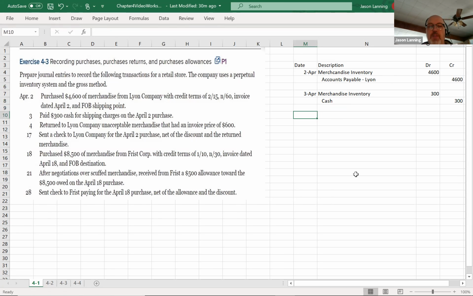Now on April 4th, we have returned to Lion Company unacceptable merchandise at an invoice price of $600. So what this means is, of what we ordered on April 2nd, that $4,600 of merchandise, we're returning 600 of it because we can't use it. It's unacceptable, whether it's damaged, wrong color, wrong size, it doesn't matter to us, it's unusable.